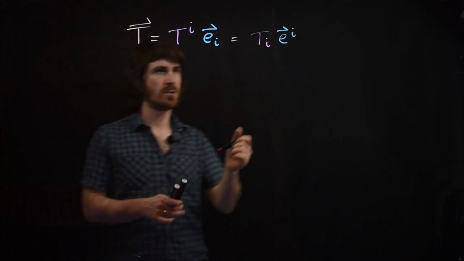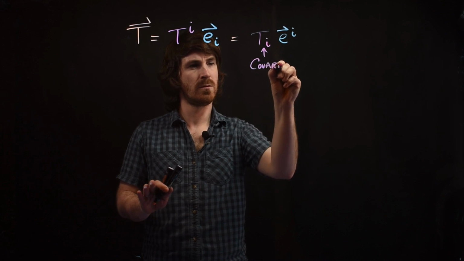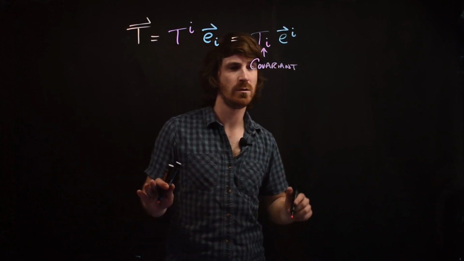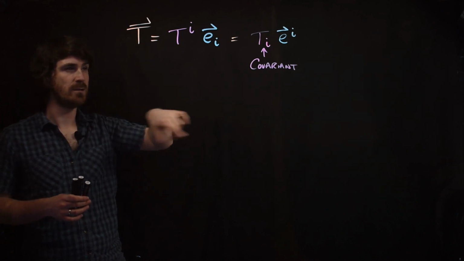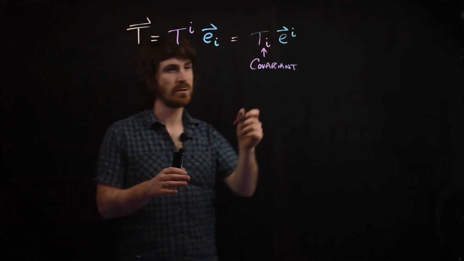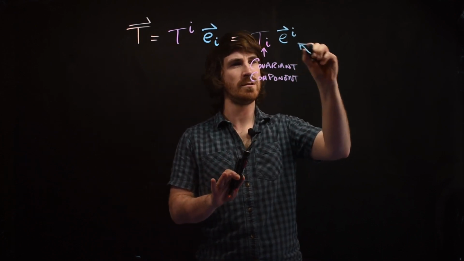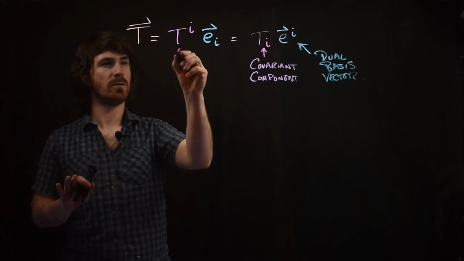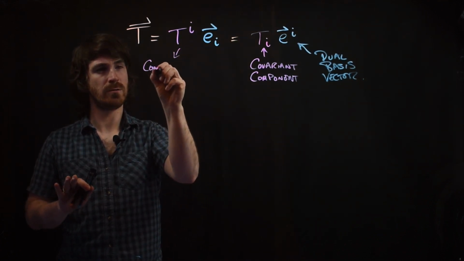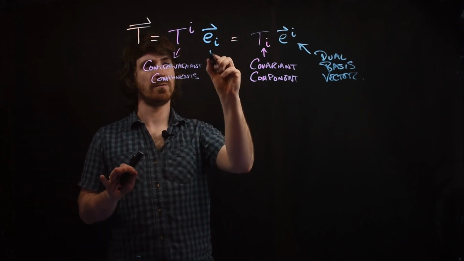So these are covariant components, and we saw that those were formed when we shone our torch perpendicular to the axis that we wanted the component along. These are our dual basis vectors, and these are our contravariant components and our natural basis vectors.